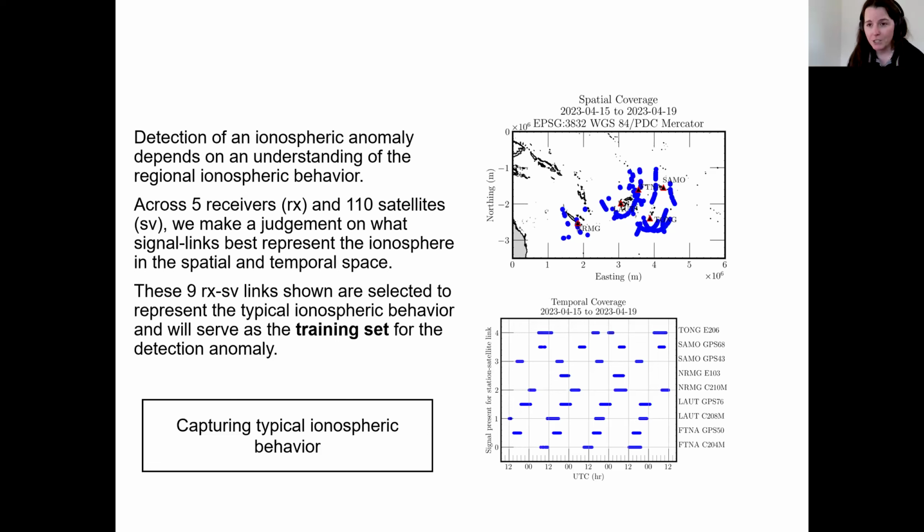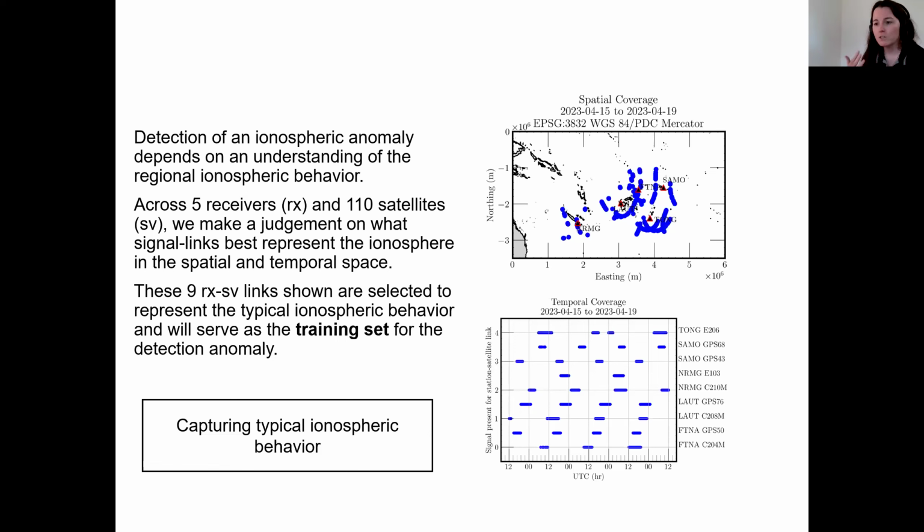We have 5 stations. We have roughly 110 satellites. I don't want to build like 550 models to measure each single receiver satellite signal for an anomaly. I want something that can be a lot more broad and functional and I can just feed into.